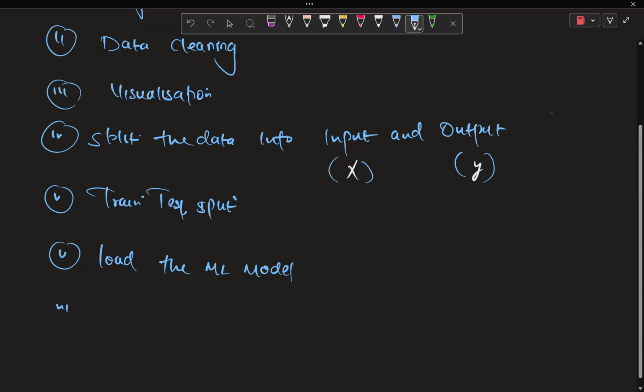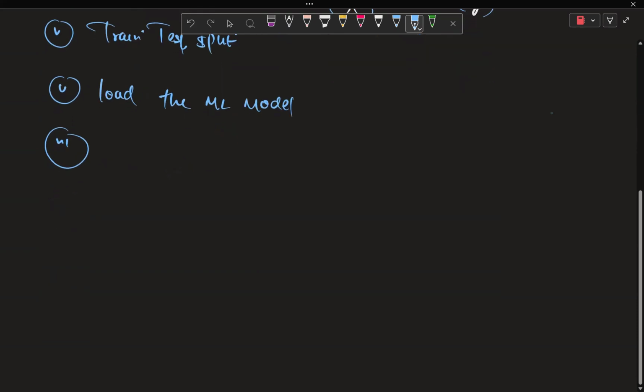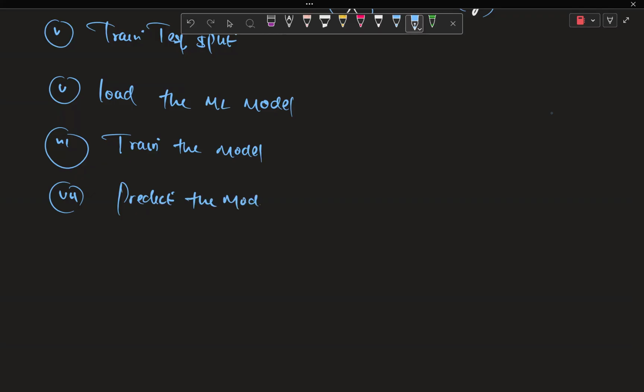Then you have the training process. We have to train the model. Then predict. Predict with the model on new data.